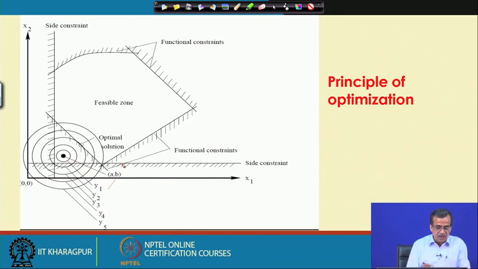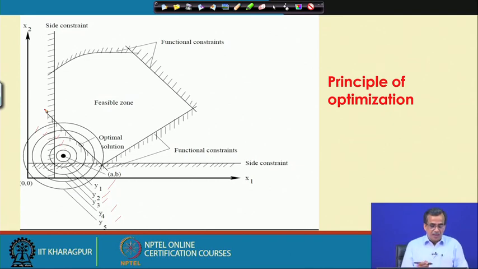So, corresponding to this y 1, I will be getting one circle here. Corresponding to y 2, I will be getting another circle here. Similarly, for y 3 another circle, y 4 another circle, y 5 another circle we will be getting, and this is nothing but the contour plots for this particular objective function.